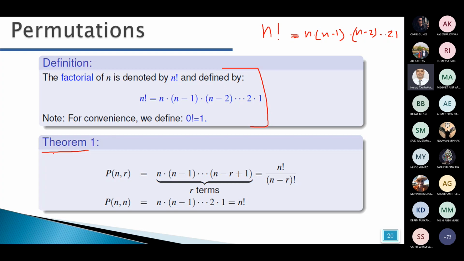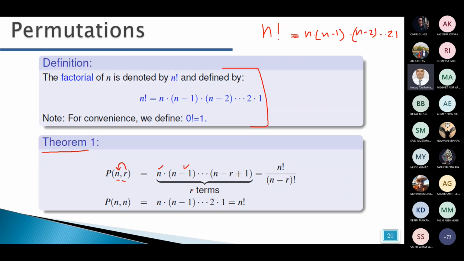Now the permutation. Permutation n r is the ordered subset that we need to get from n, where the most important thing is order. To calculate permutation, it's n multiplied by n minus 1 multiplied by n minus 2 multiplied by n minus r plus 1.